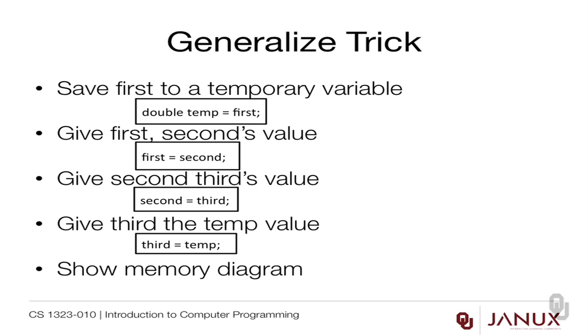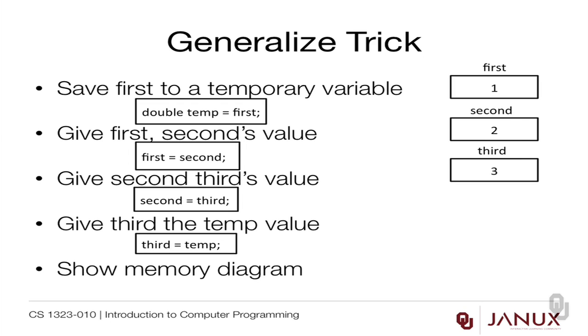Let's show a memory diagram to make sure you understand what happened here. Here are our three variable locations, first, second, and third. Now I've just put integers in there. They could have been doubles. Doesn't really matter. So when we say temp equals first, the value in first, which is 1, gets moved into temp. Then we say first equals second. So the value 1 is removed from first, gone forever, cannot be retrieved, and the value 2 is written instead.